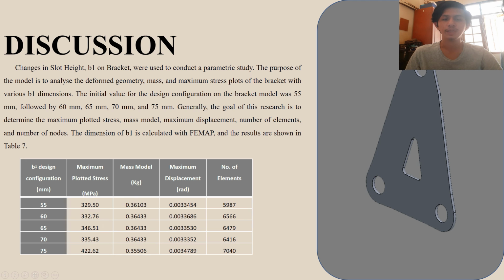The dimension of B1 is calculated with FEMAP, and the results are shown in the table below. For B1 configuration, we have 55 mm, 60 mm, 65 mm, 70 mm and 75 mm. And we got the maximum plot stress, mass model, maximum displacement, and number of elements.